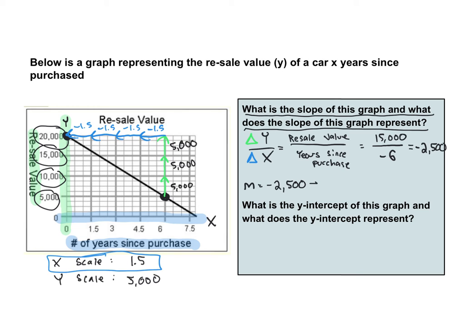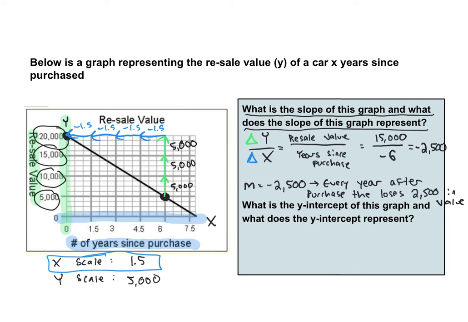So I could write a quick sentence about that in terms of what does this mean. That means every year after purchase, the car loses $2,500 in value. Sorry, I kind of ran out of space there.